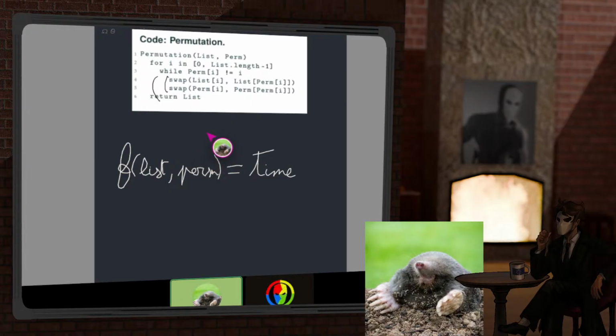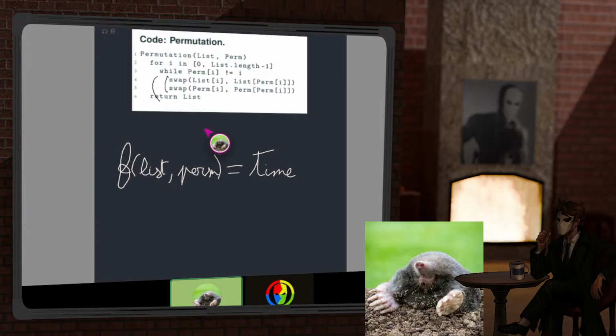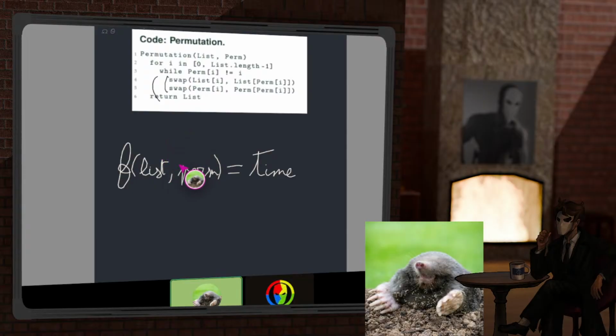Sadly, there are two problems with this. First, it is not that feasible to describe this for every input, or at least it's probably easier to just look at the code. And also, it's not very useful because some inputs might have better time than others.